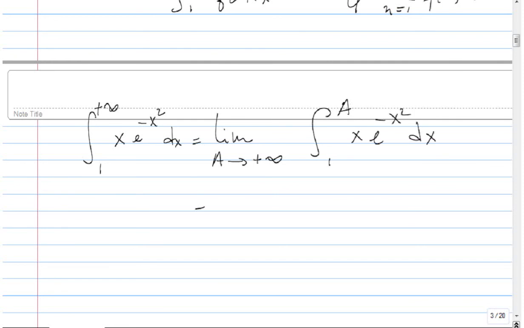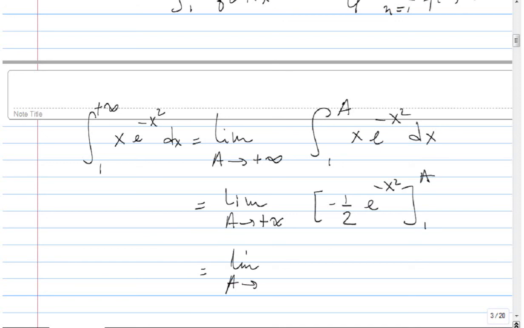And now we use the antiderivative. So this is -1/2 e^(-x²) between 1 and a, which gives me the limit as a goes to plus infinity of -1/2 e^(-a²), and then minus minus, plus 1/2 e^(-1), since 1 squared is 1.